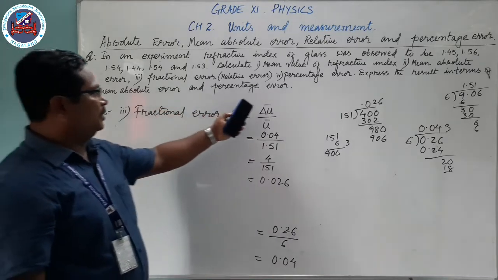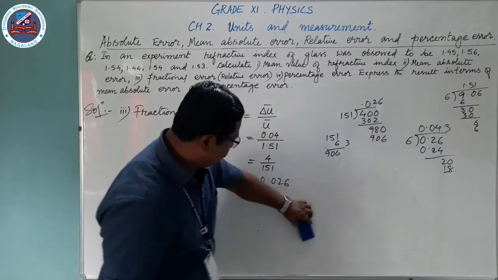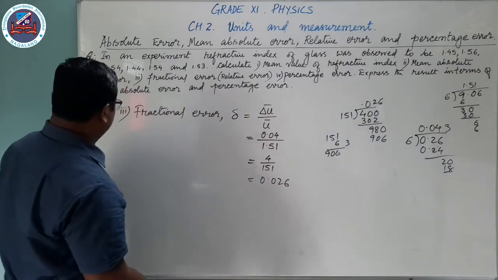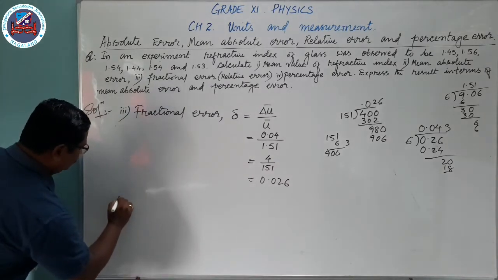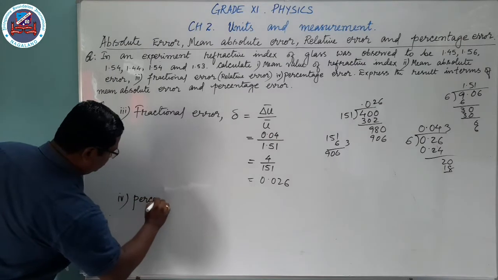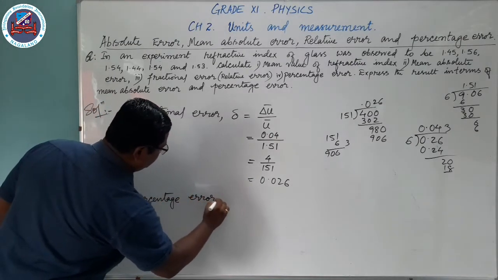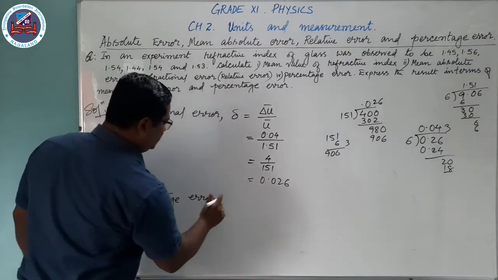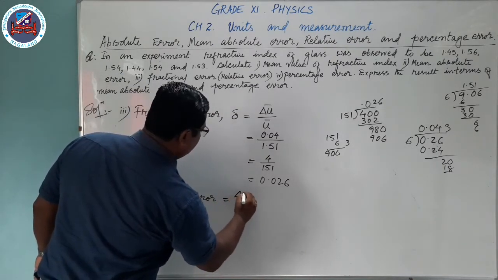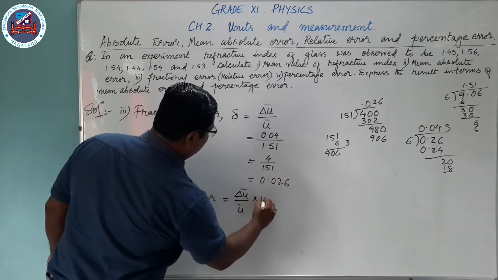The next step you are going to do is your percentage error. Now for the percentage error, simply multiply this fractional error by 100%. The fourth one is your percentage error. We can write this as delta U bar divided by mean into 100%.